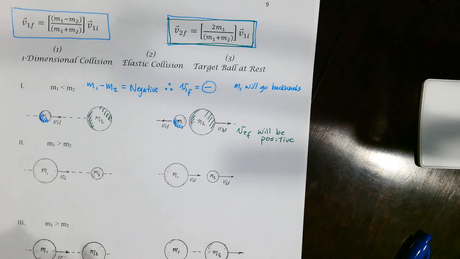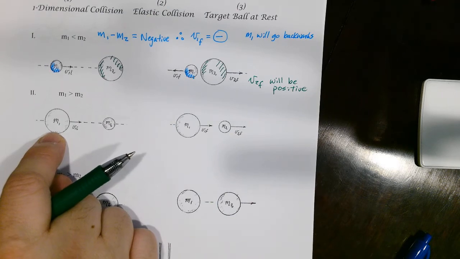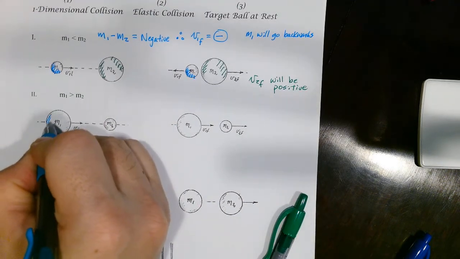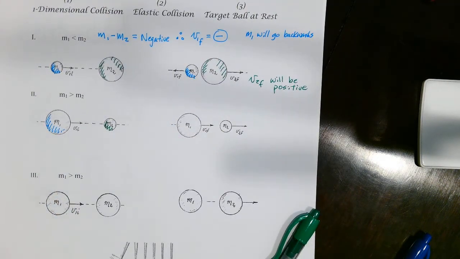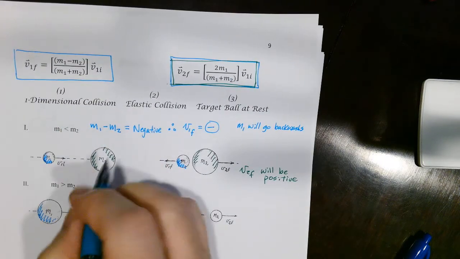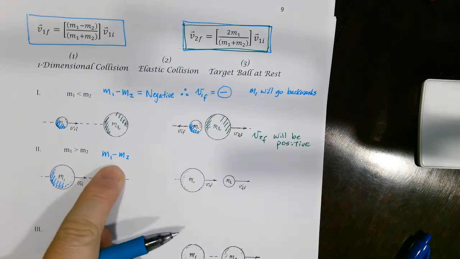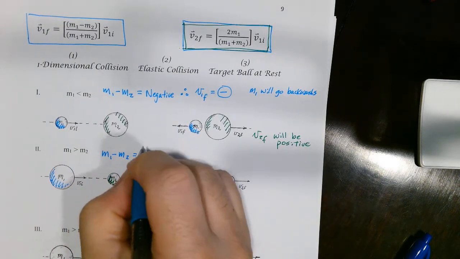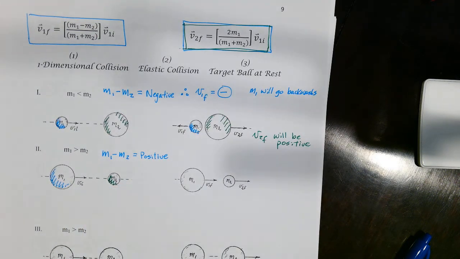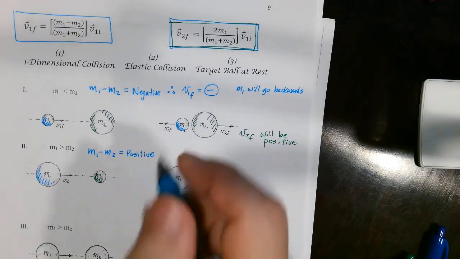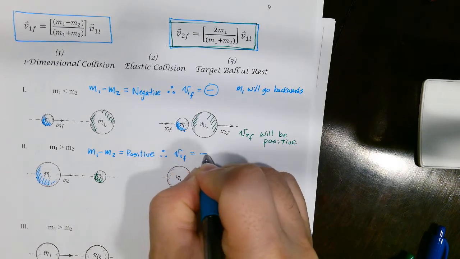Now what if M1 was bigger than M2? If M1 was bigger than M2, what's going to happen? In this case, M1 minus M2, if M1 is bigger than M2, will be positive. Therefore, my V1 final will be positive.